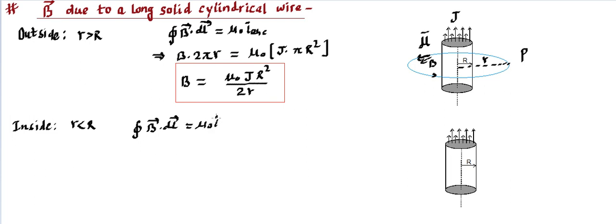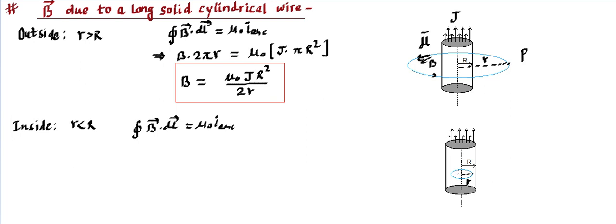Now you will see what should be the Amperian loop. So the Amperian loop has to be opted inside. This is the Amperian loop that we are choosing, and that's symmetrical, right? And that will be helping us to find the magnetic field at any point. So let's say we are interested at point P, which is having a smaller radius.